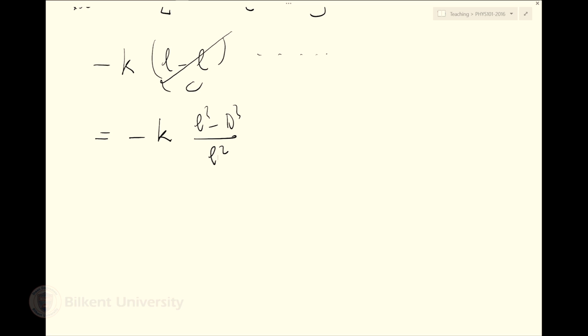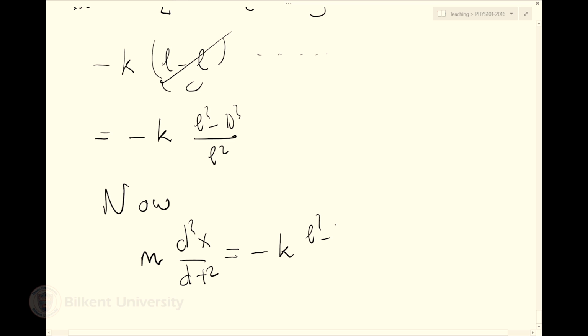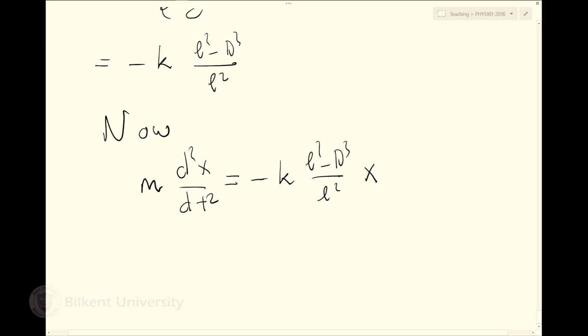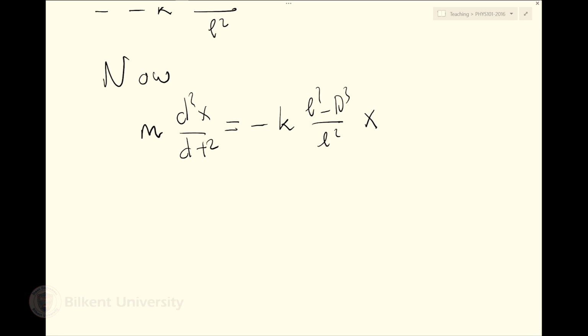So now what is my differential equation? Now m times d square x dt square is just that factor times x. Okay? Can I solve this differential equation now? Of course, it's my favorite differential equation. The only equation you know how to solve.